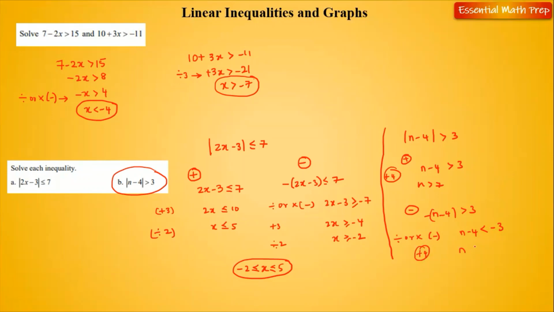Which would give me n is less than 1. In other words, n is greater than 7, okay? N is greater than 7 or it's less than 1.